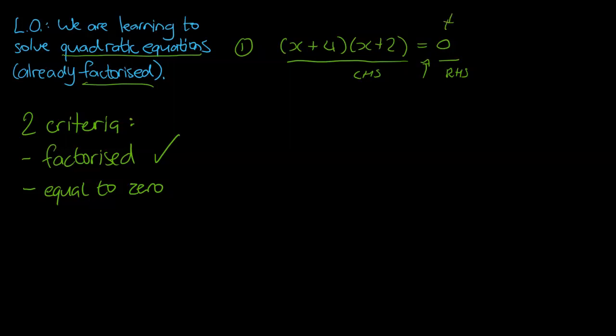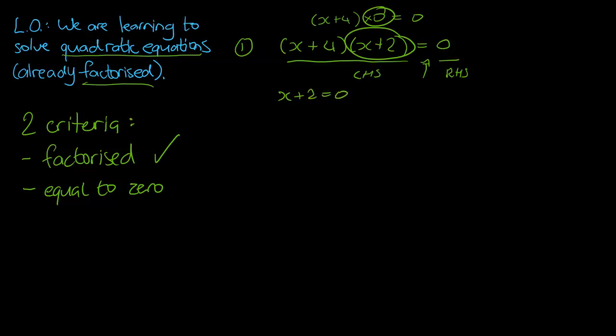So this 0 here on the right-hand side is actually really important. So if x plus 2 is equal to 0, you're going to have x plus 4 times 0, and that will always be 0, because anything times 0 is 0. Which means we need x plus 2 to be equal to 0.